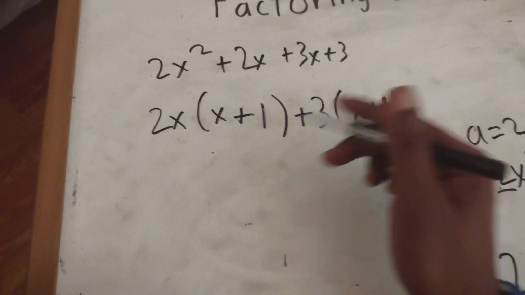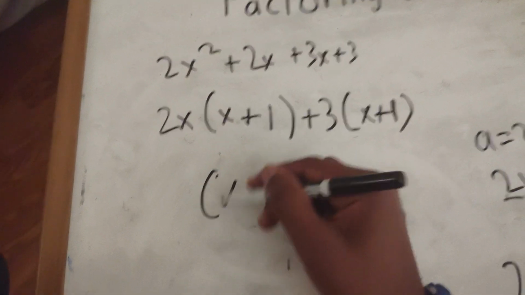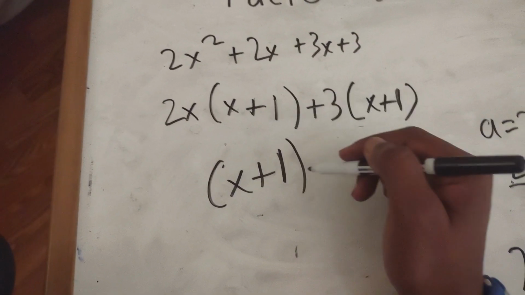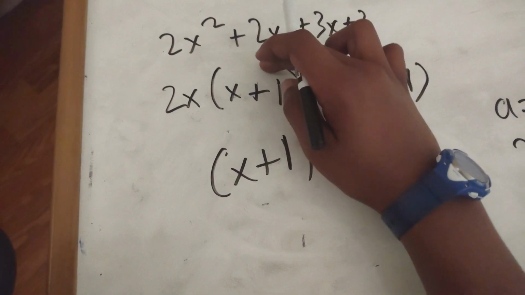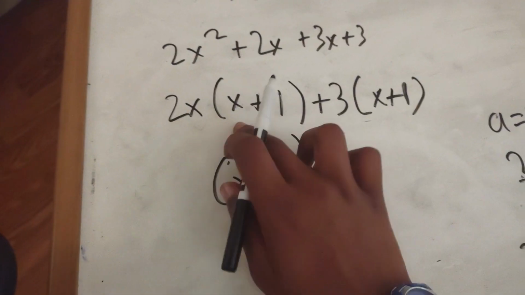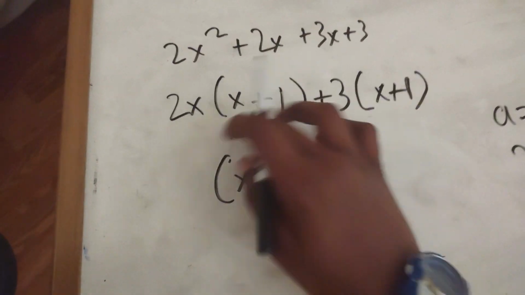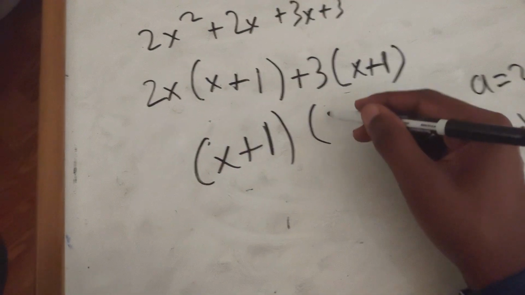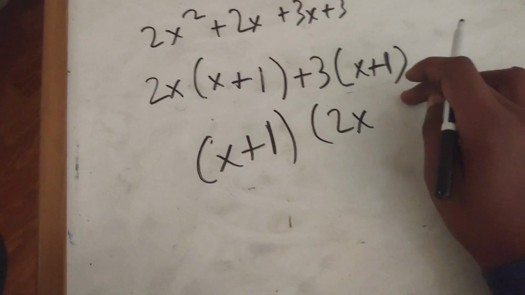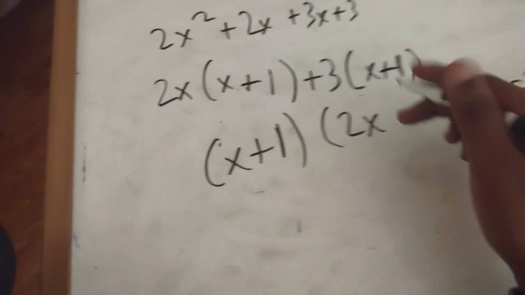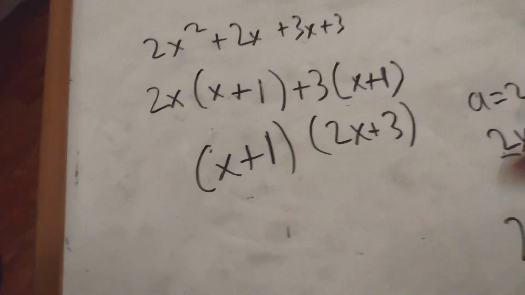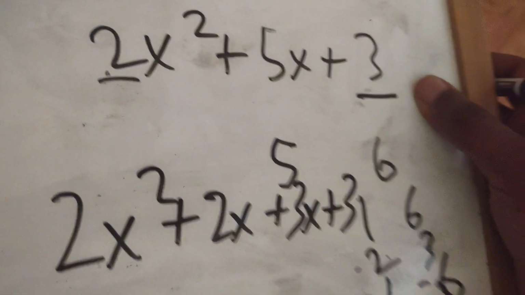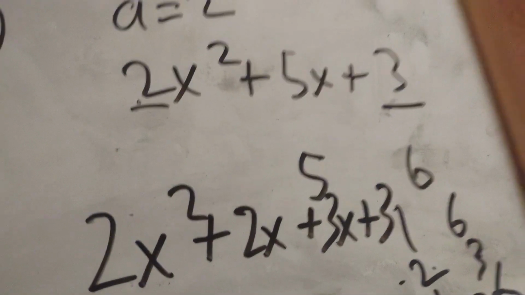So we have to take it out, and inside the parentheses, we divide x plus 1 from this term, and this will just be 2x that's left, and divide x plus 1 from this term, which would be 3 that's left. And you can FOIL it to find out. You get 2x squared plus 5x plus 3, which was the initial quadratic.